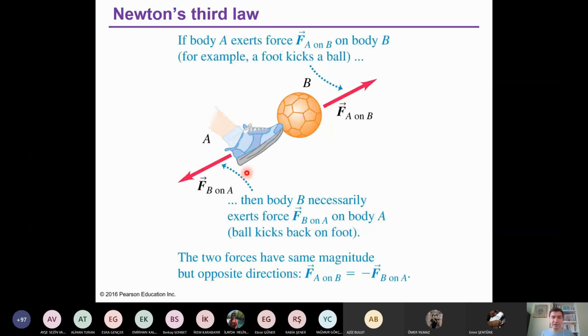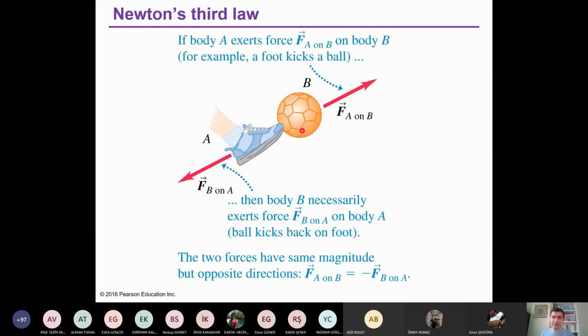Here we have a ball and this is body A, and if this body A exerts a force on body B, for example, a foot kicks a ball, then this body B, the ball, necessarily exerts a force on body A. The ball kicks back on the foot.